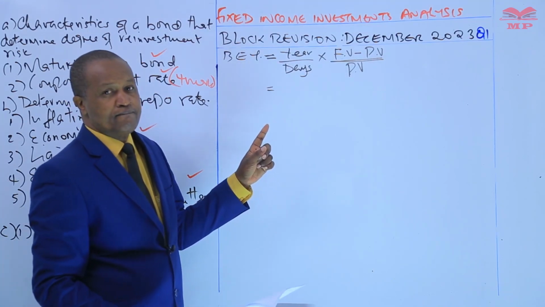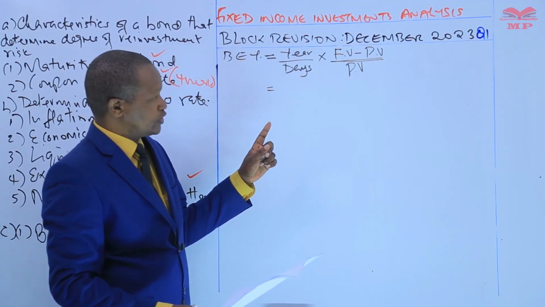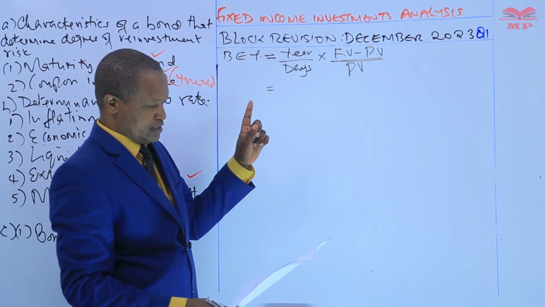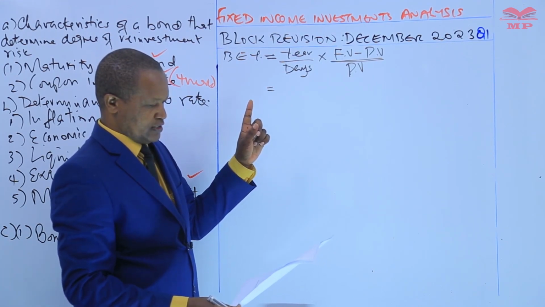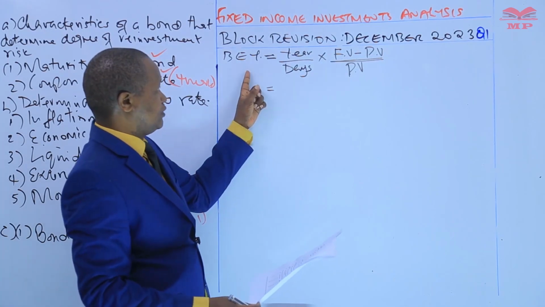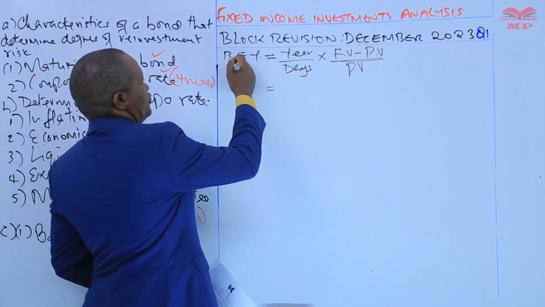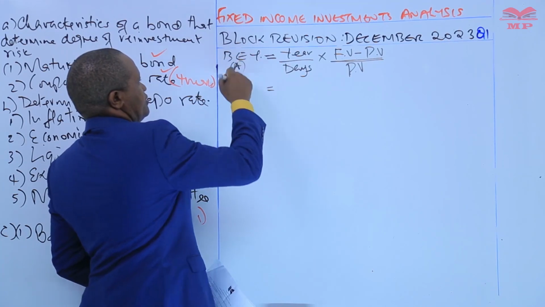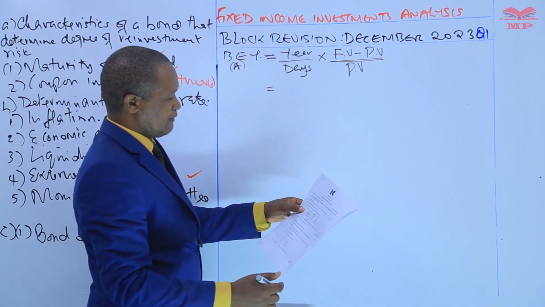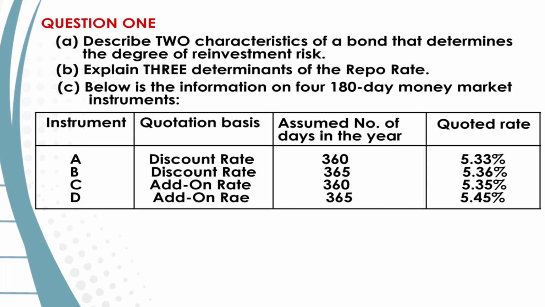Now looking at instrument A, because we are beginning with instrument A, the BEY for instrument A. Discount rate is the basis of instrument A. The quoted rate is 5.33%.